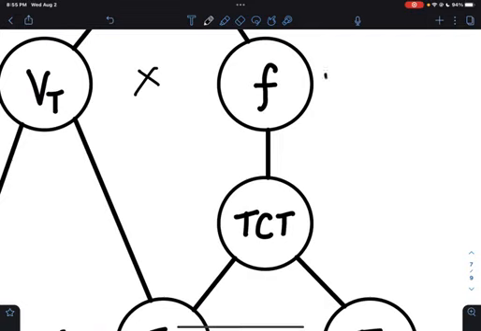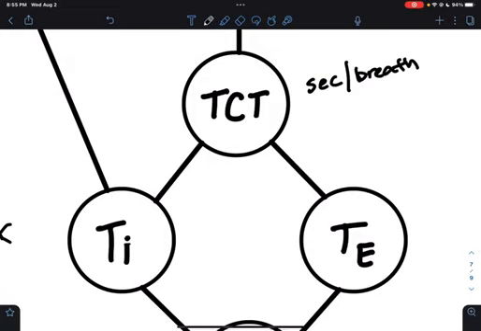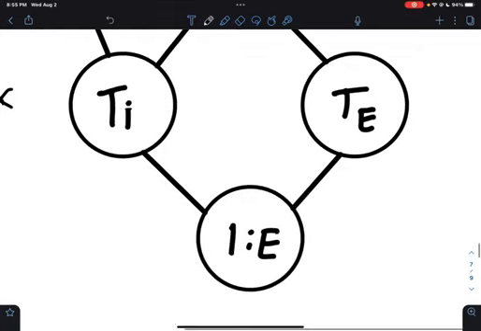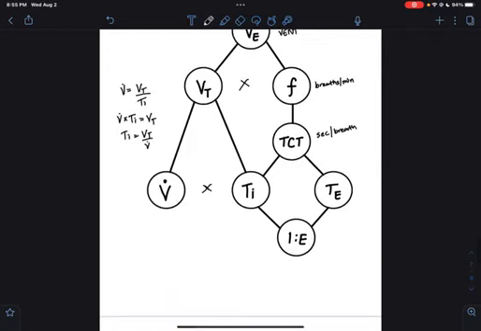Frequency is your breaths per minute, and your total cycle time is your seconds per breath, kind of like the stuff that we did earlier. Total cycle time can be broken down by I time and E time, and then IE ratio. And remember, the normal IE ratio is 1 to 2 to 1 to 3.